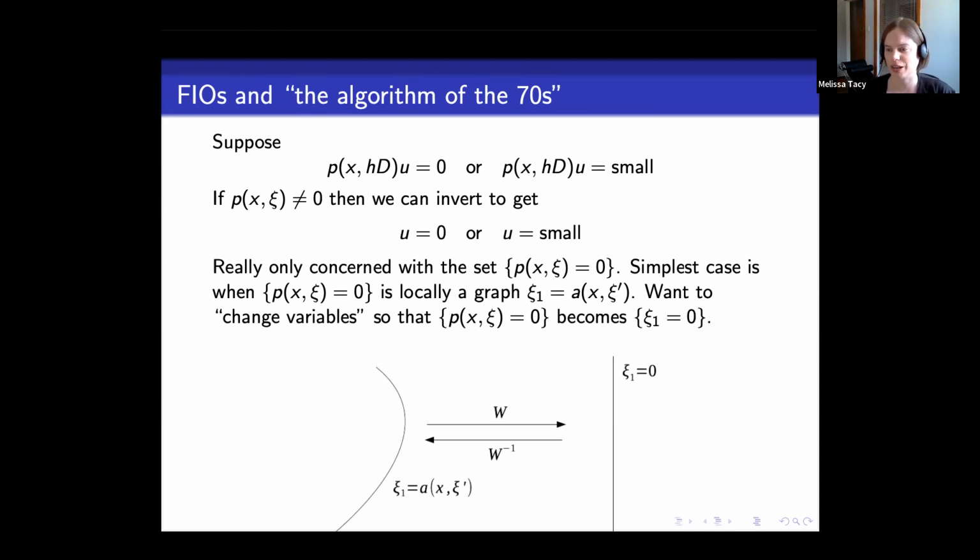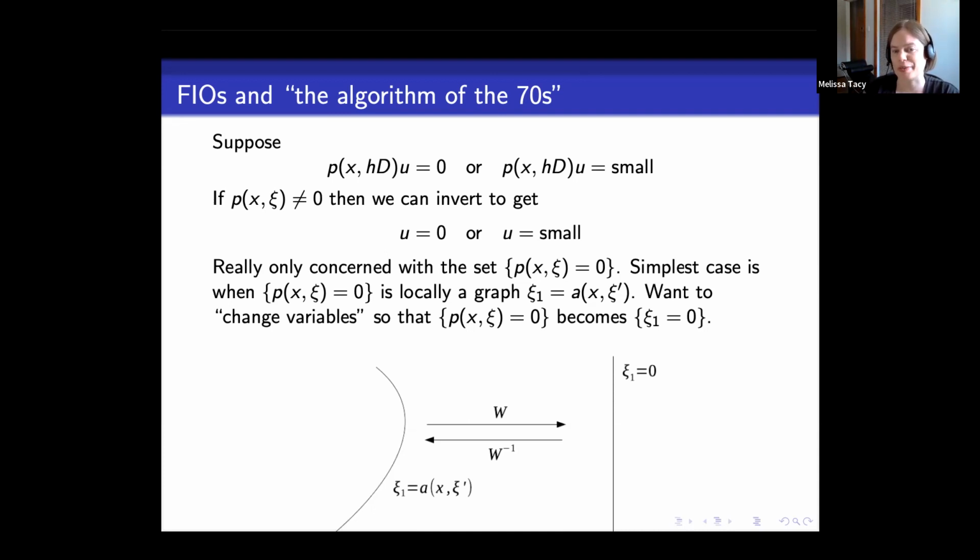Symbol is invertible implies operator is invertible. And so that's a sort of nice rule of thumb that we use. So if this is non-zero, then we can invert, and the only solution is U is equal to small, or U is equal to 0. So that tells us what we're actually concerned with is things localized near the set where the symbol is 0.